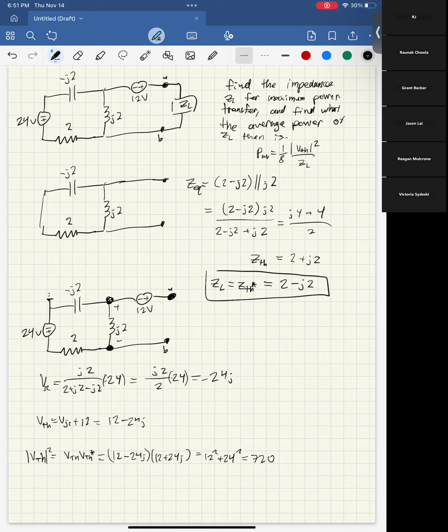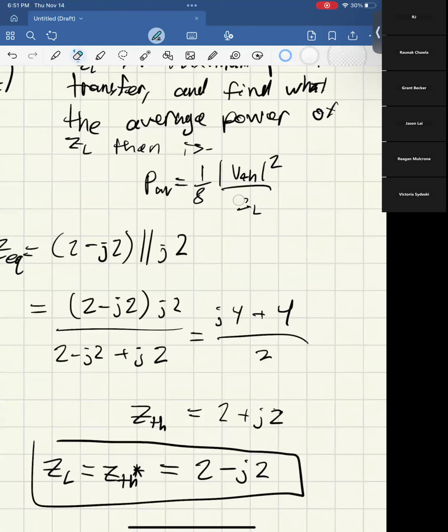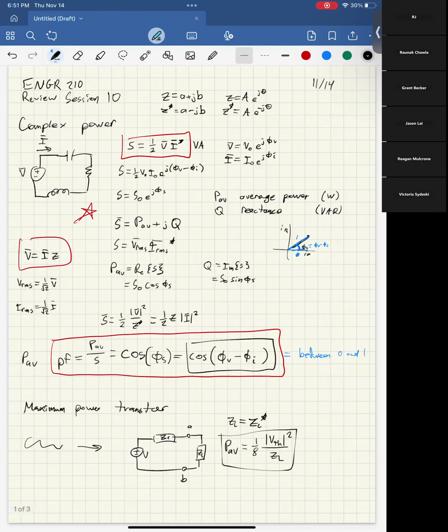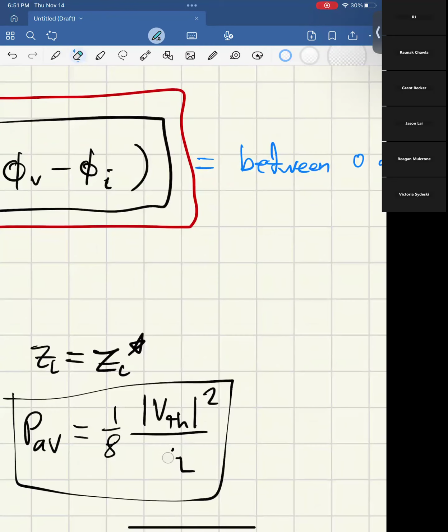Then if we plug this into our final equation, that power average equals 1/8 of that VTH squared over, oh actually, since it's power average, I had this equation wrong. This is actually just caring about the resistive component. I'll change that here as well.